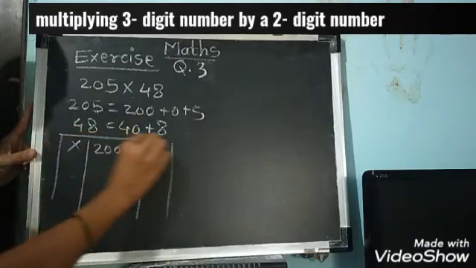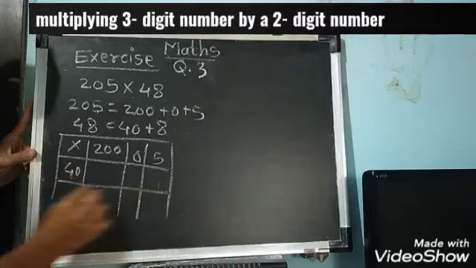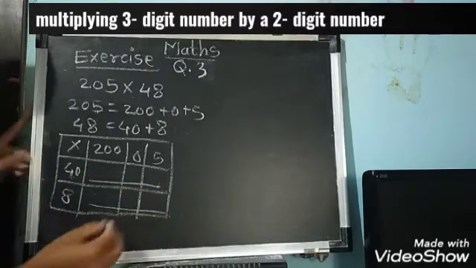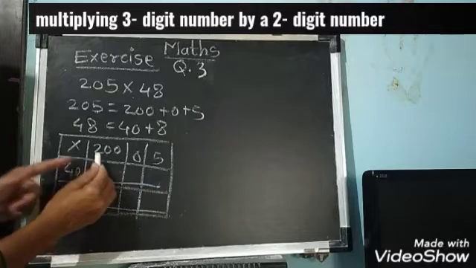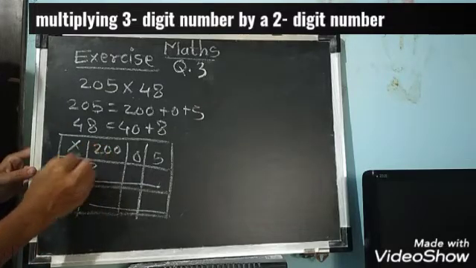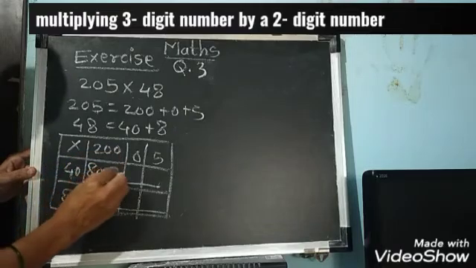It is the expanded form of 205. And here write down the expanded form of 48. In this way I have written. Now find the answers of these boxes. This answer I want to go straight. 4 eights. How many zeros in both boxes? 1, 2, 3.